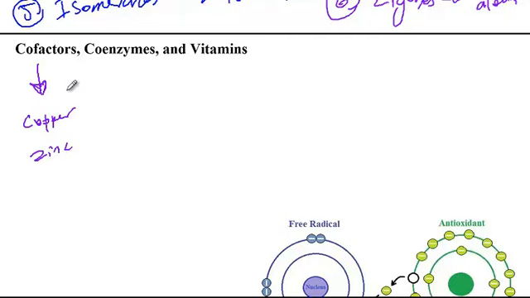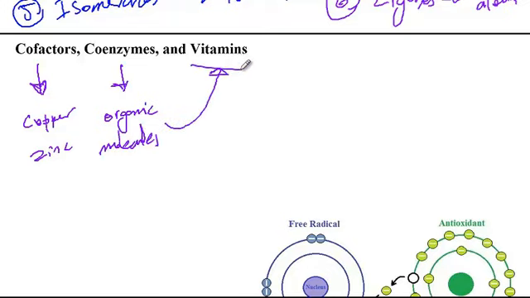Now, if these helper molecules are made of organic molecules, then we call them coenzymes. An example of these organic molecules is vitamins, which cannot be synthesized at adequate levels by our body, and so therefore we must obtain them through diet.